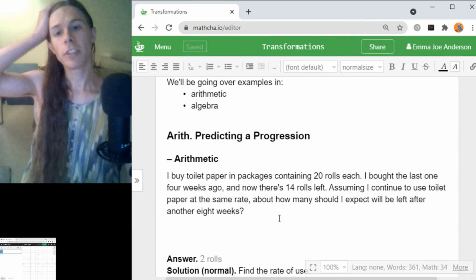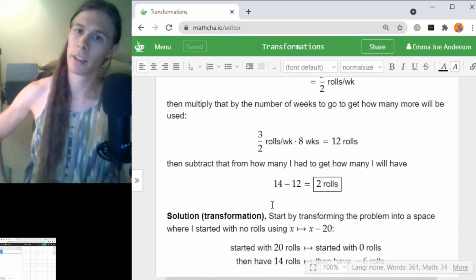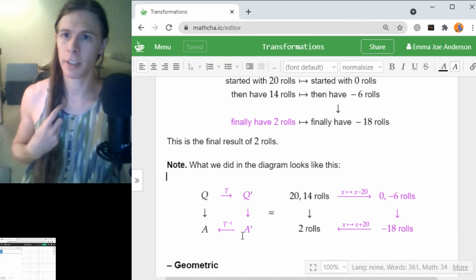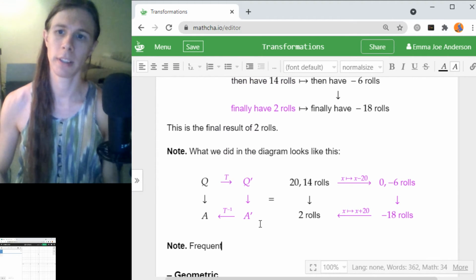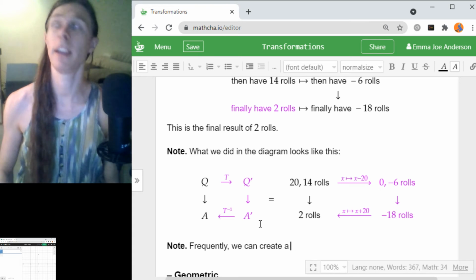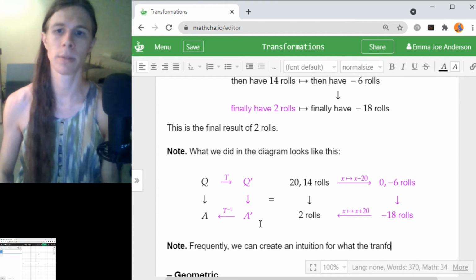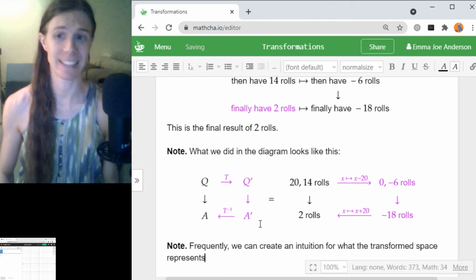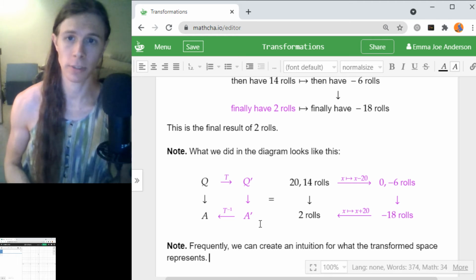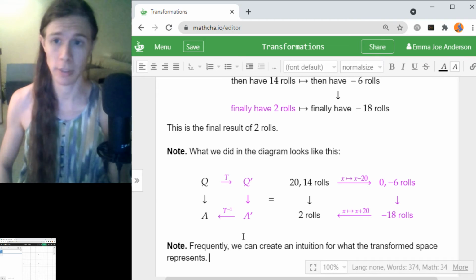Now, one thing I want to mention is that frequently you can create a concept for the transform space. So this will be another note. Frequently, we can create an intuition for what the transformed space represents. So these values in the transformed space, they weren't my actual number of rolls, they were how many rolls I had consumed.